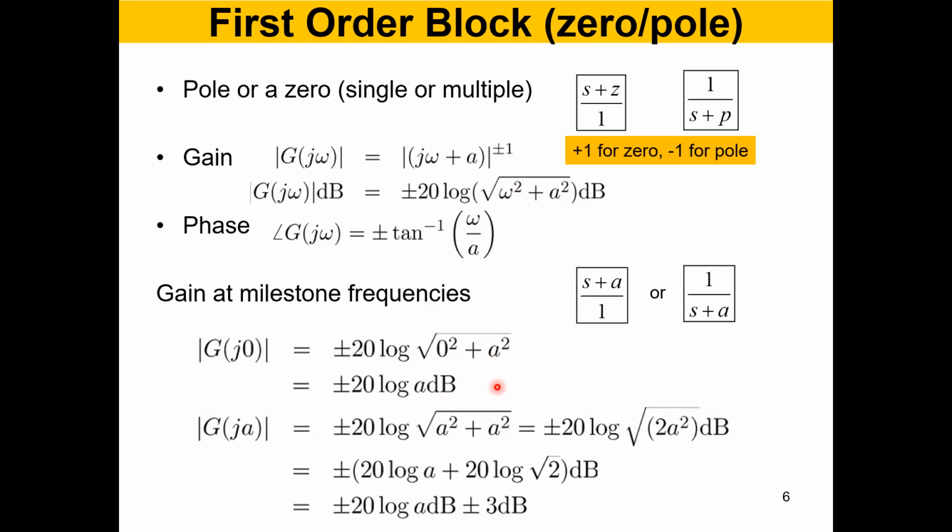So this is a 0 radians per second signal which enters the plant, the first order pole. This is the amount of gain, right? It can be amplification, it can be attenuation.